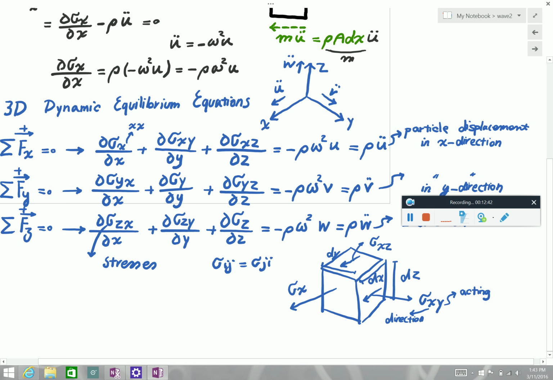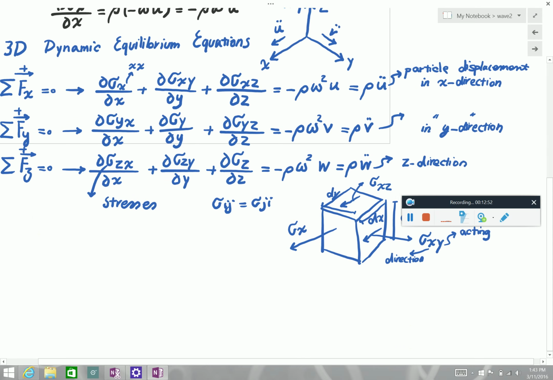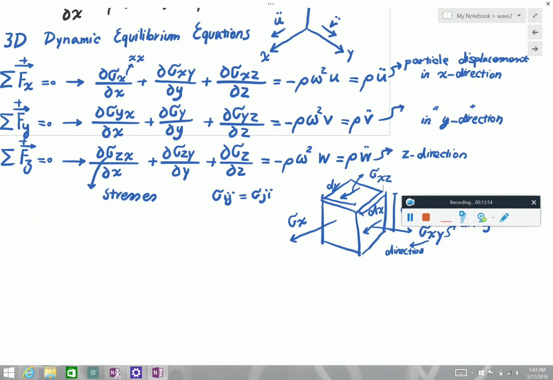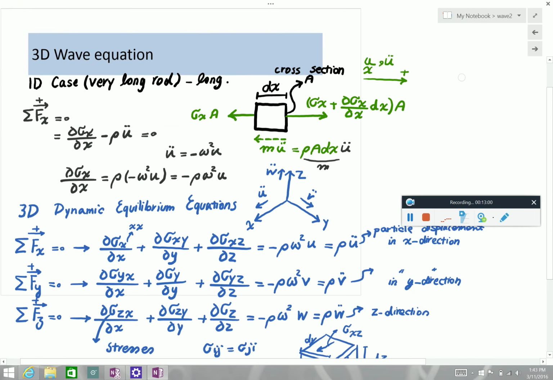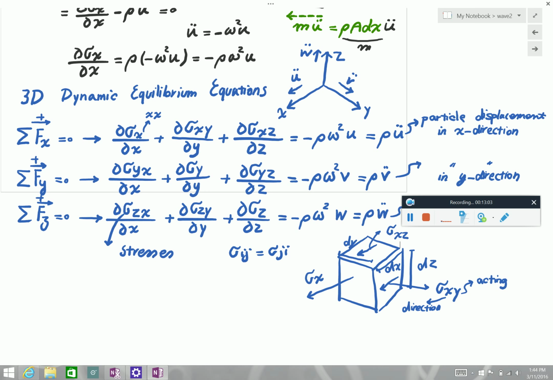So you can see that when you write the summation of forces in the x, all of these components sum up together, and you can make the same argument about the other directions. Okay, now that we have the dynamic equilibrium equations, we have to try to relate stresses to displacement.